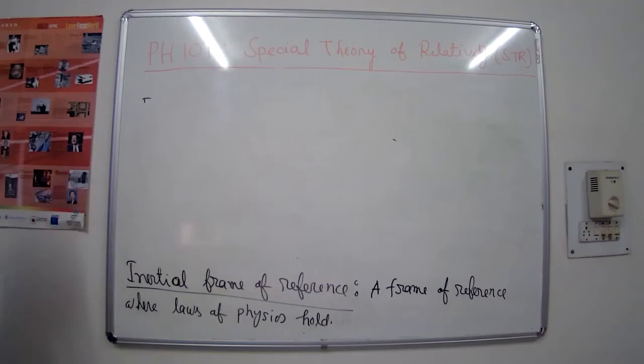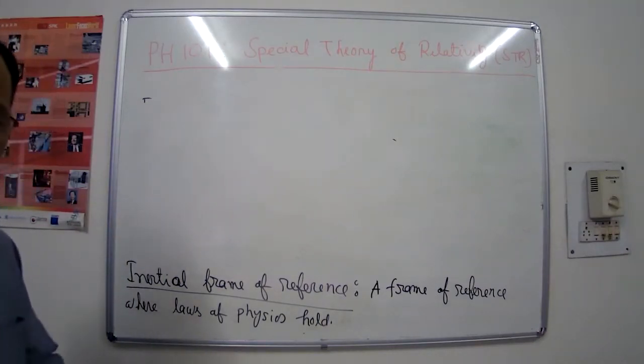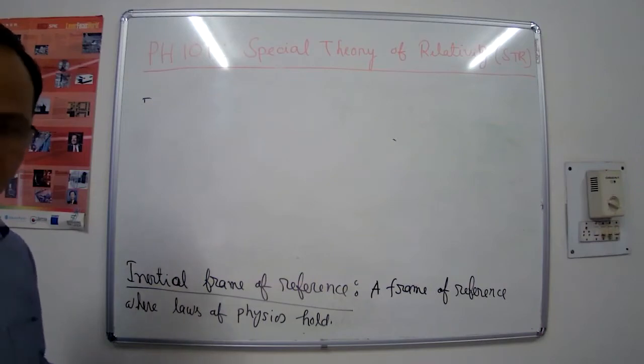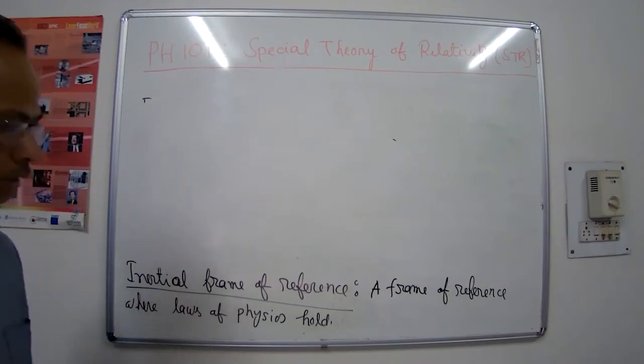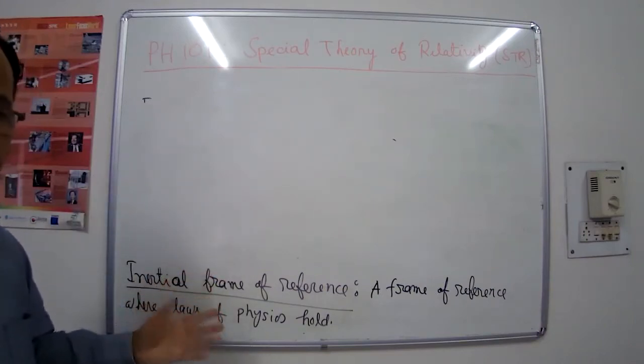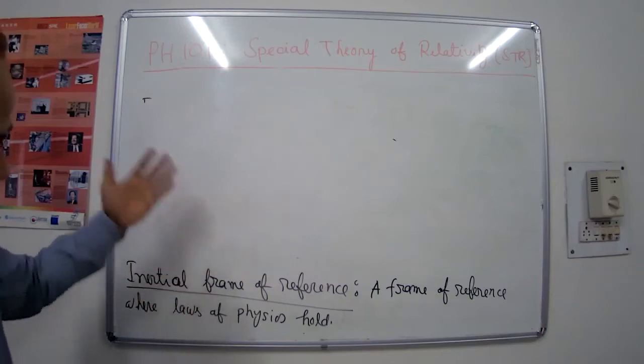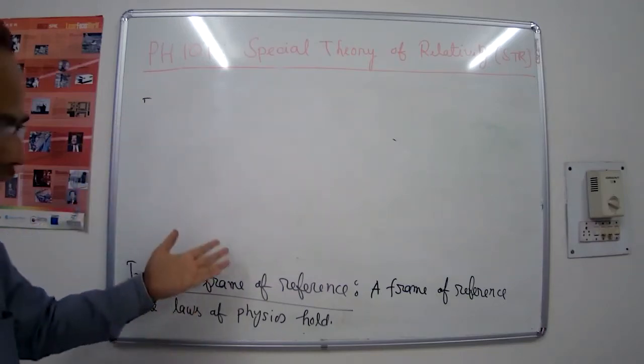Of course, before 1900, mostly the laws were governed by Newtonian mechanics, or Newton's laws of motion. You try to see whether Newtonian mechanics is valid or not. But later on, some other laws came.